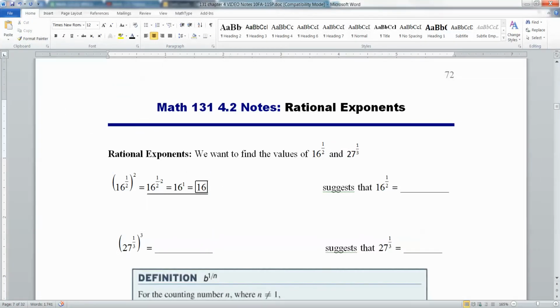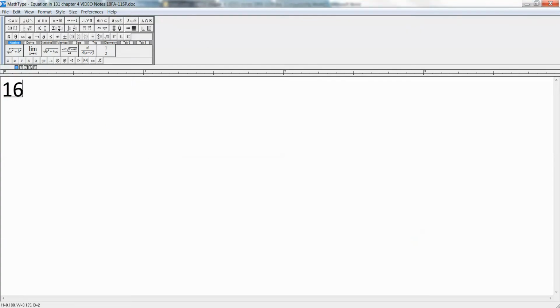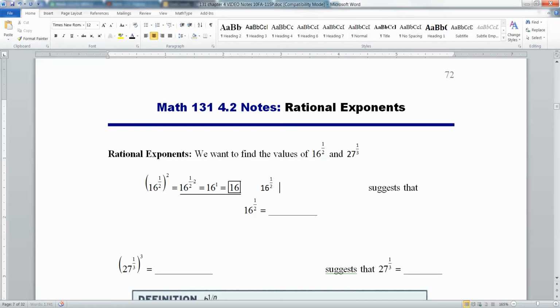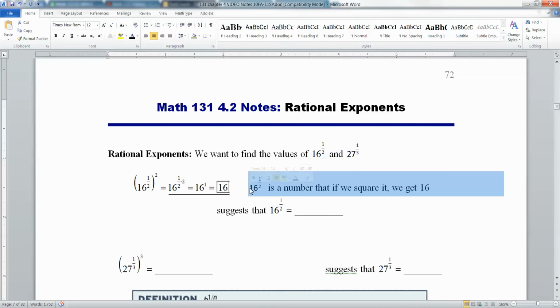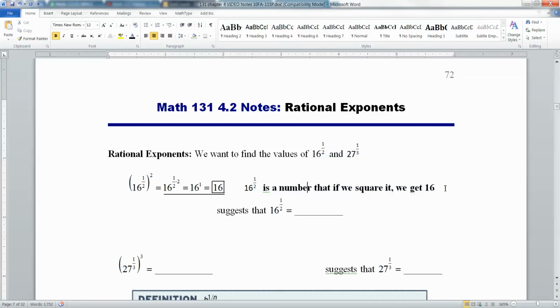So that means that 16 to the half is a number that if we square it, we get 16.